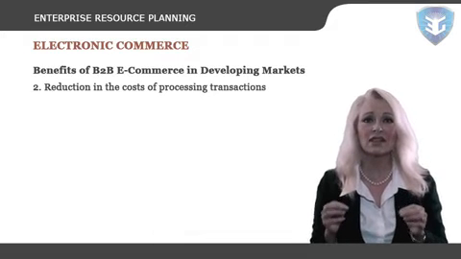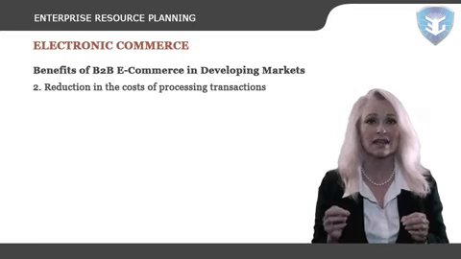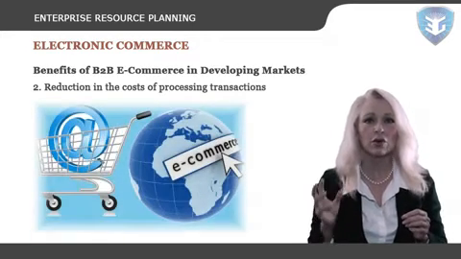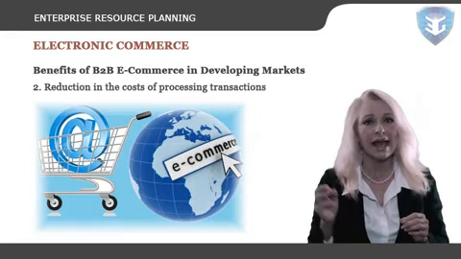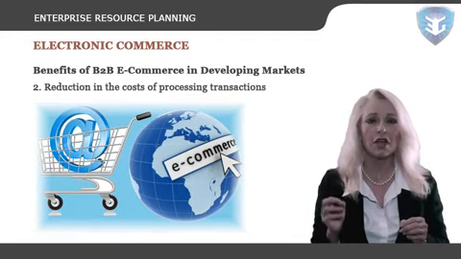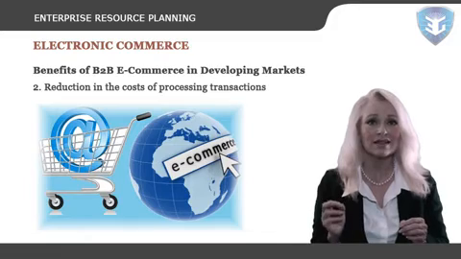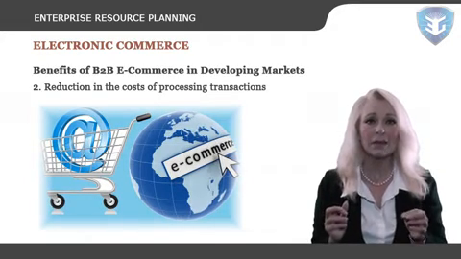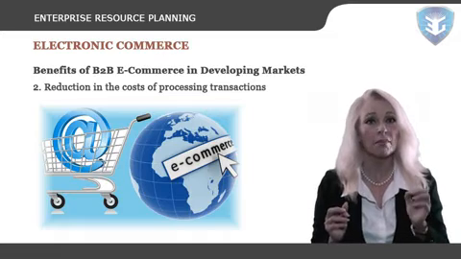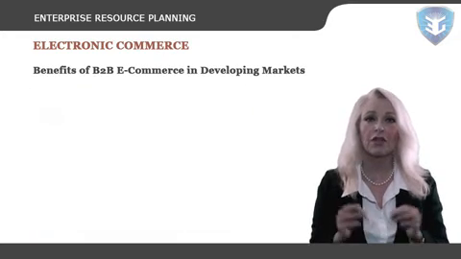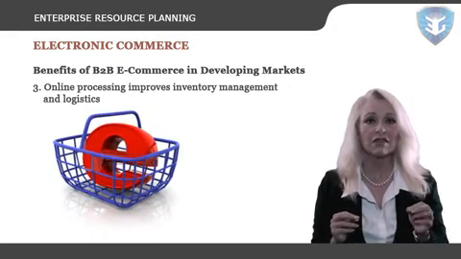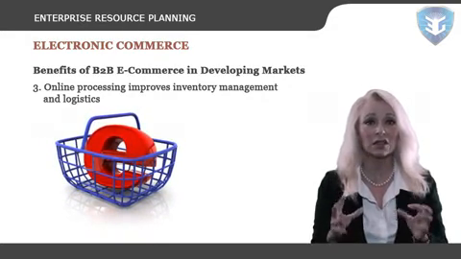Second is the reduction in the costs of processing transactions, example, invoices, purchase orders, and payment schemes. As B2B allows for the automation of transaction processes and therefore the quick implementation of the same compared to their traditional channels. Third, online processing improves inventory management and logistics.